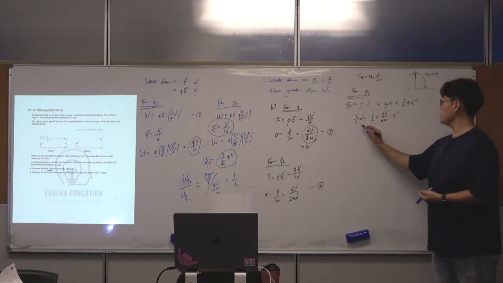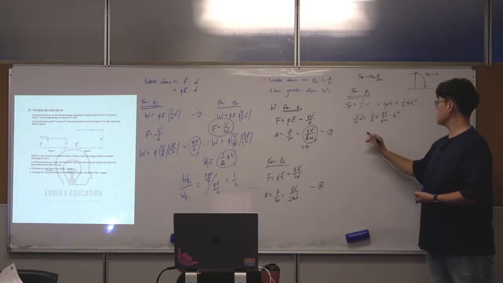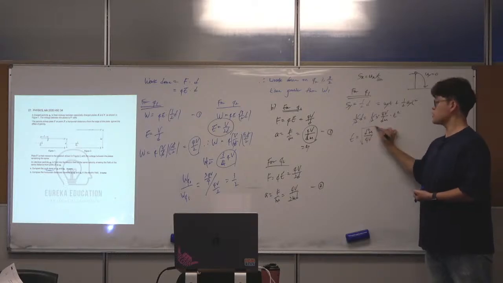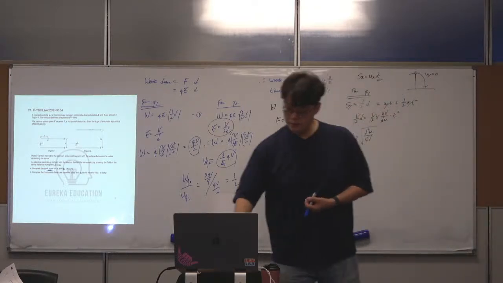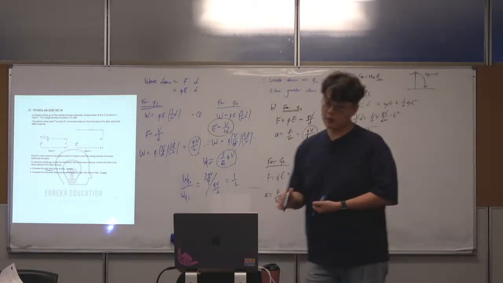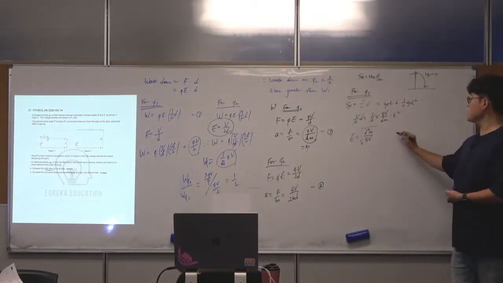Yep, and then you can cancel that half, and d can be cancelled too, so move all that. So t is then equal to the square root of d squared m over qv. Okay, that's equation 3.